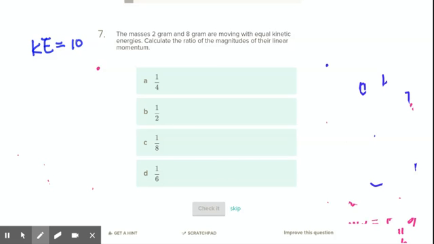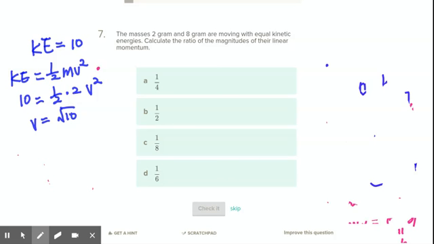So if their kinetic energy is 10, since kinetic energy is half mv squared, right? So you can find the first v. So it's 10 equals half times 2 times v squared. So you can find the first v as v equals square root of 10.